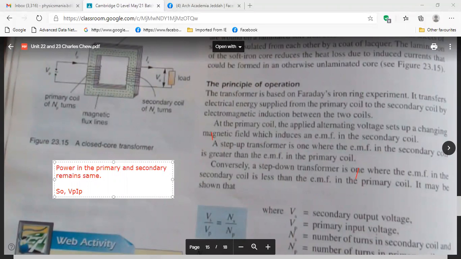In the CIE syllabus, there is a chapter called electronic system. Is it the same as the introductory electronics in the book? In your book, we don't have electronics? There is a chapter, introductory electronics, like logic gates, that topic we have in Cambridge, right?